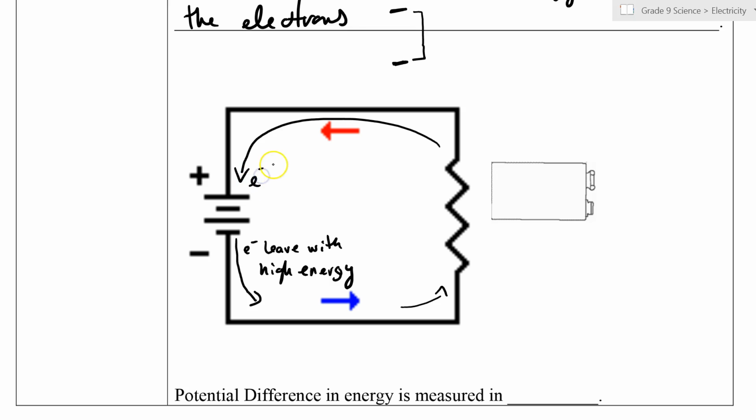So electrons have a low energy level because they used up all their energy in this resistor, whether it be a light bulb or some other thing that does work. And the difference here from the high to the low, that is our difference in potential energy.